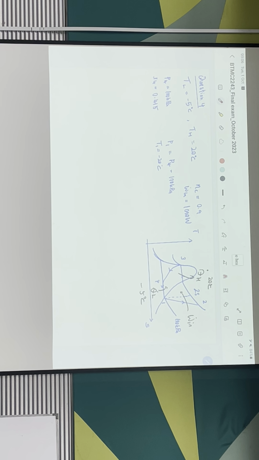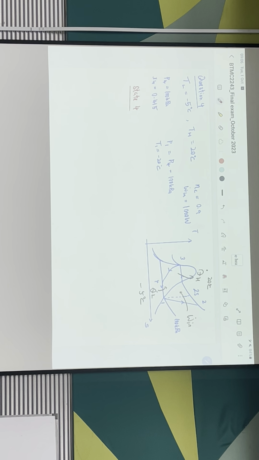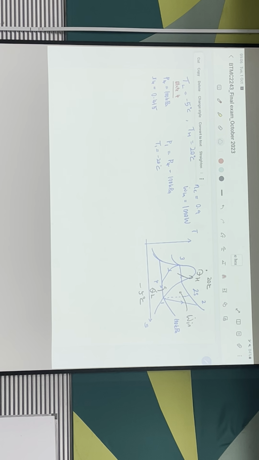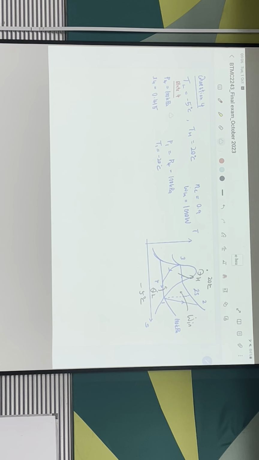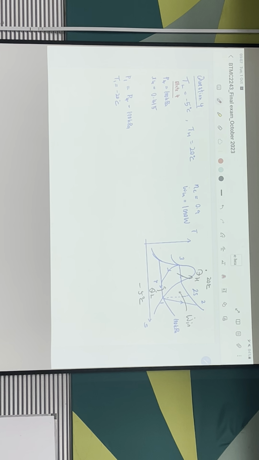But let's start with state 4 here. Or maybe I just reuse here so I have enough space. Okay, so we have all the space here.